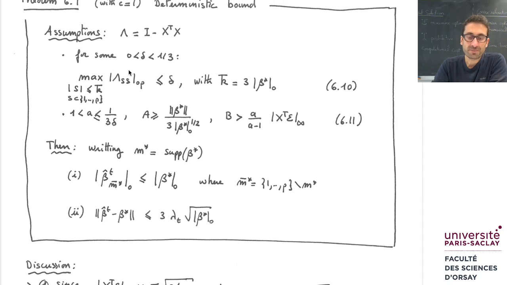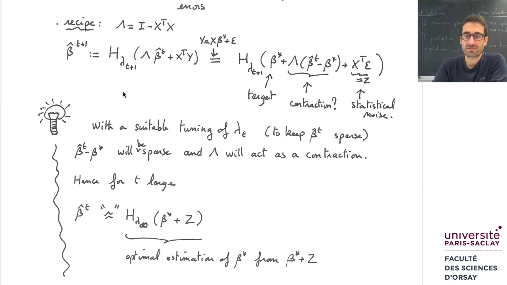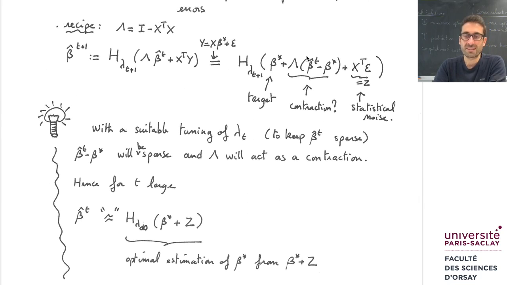This condition here, I remind you that the way we want to perform the analysis is by using this decomposition, where at step t+1 we are hard-thresholding this quantity, which is our target, plus this term, plus the statistical noise.